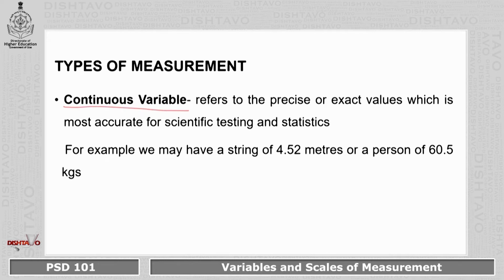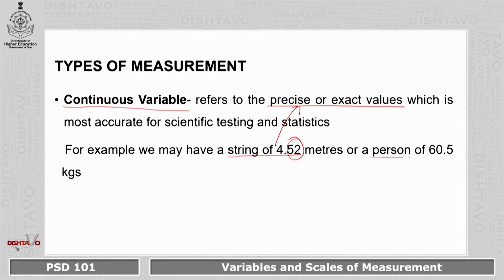The continuous variable just means that there is a precise or exact value which is most accurate for scientific testing. Say suppose I tell you I have a string of 4.52 meters. These 2 values coming after the point give me a precise or exact value.